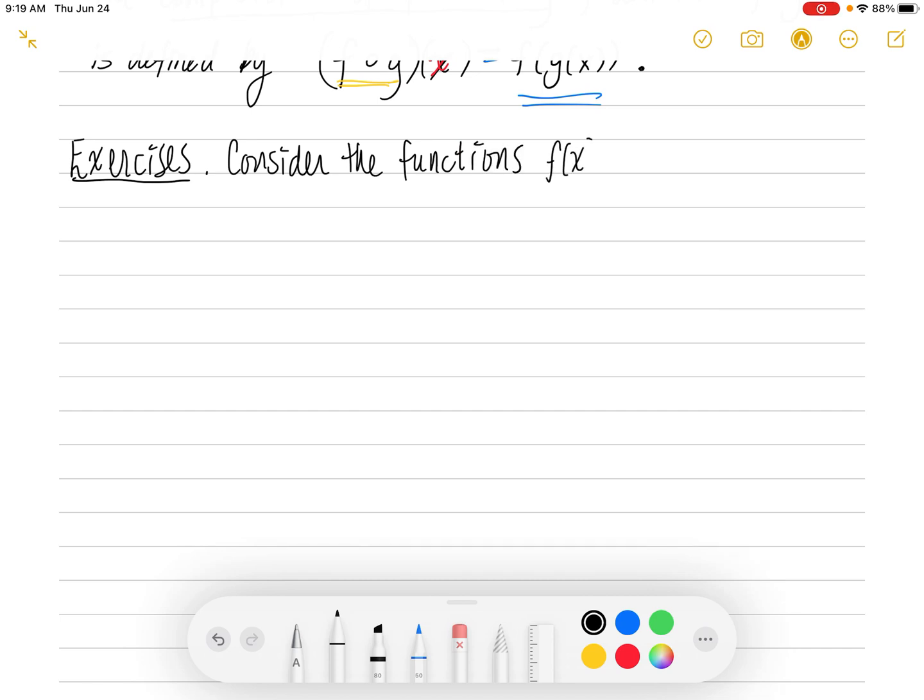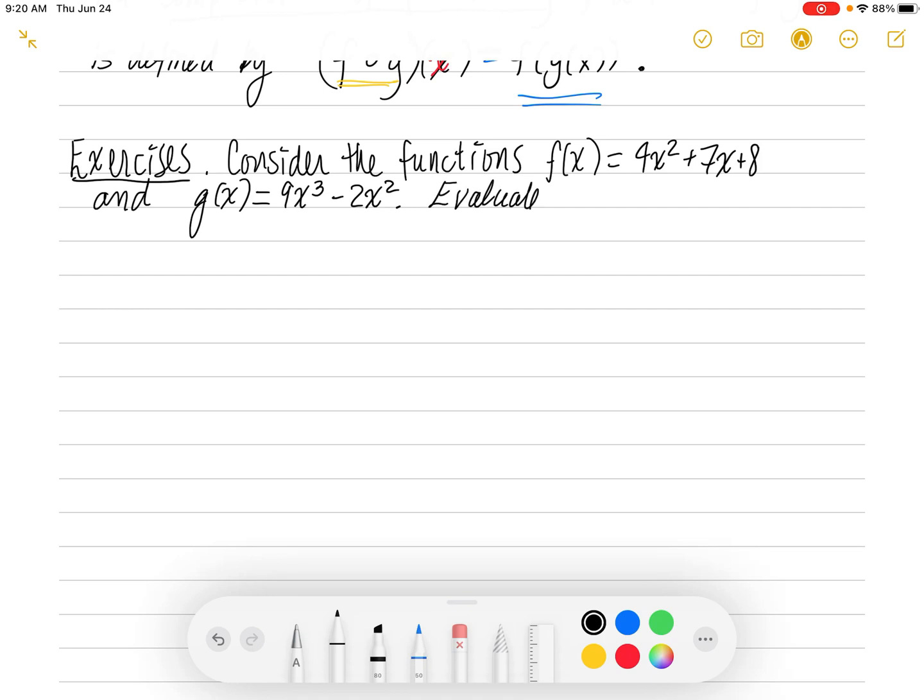We'll consider the two functions: f of x is going to be 4x squared plus 7x plus 8, and the other function, g of x, is going to be 9x cubed minus 2x squared. So we have two functions, f and g. The first thing we want to do is the evaluations of the following. So evaluate the following.